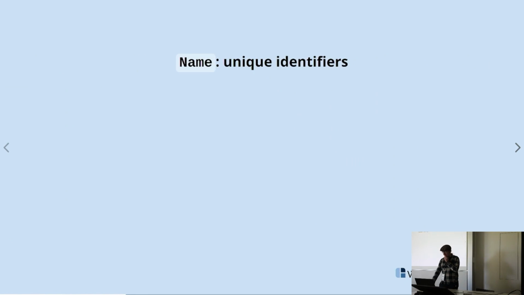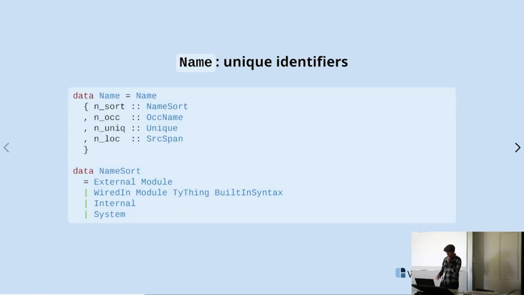Okay, then the task of the renamer is basically to start off with those and give unique identifiers to everything. So what's really important here is: what is a name? It's an AwkName, which is what we saw before, but we give it a unique, which is just an integer, saying this is that name, but the unique identifier is like 17.